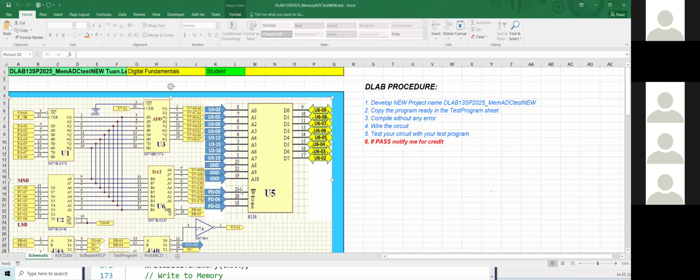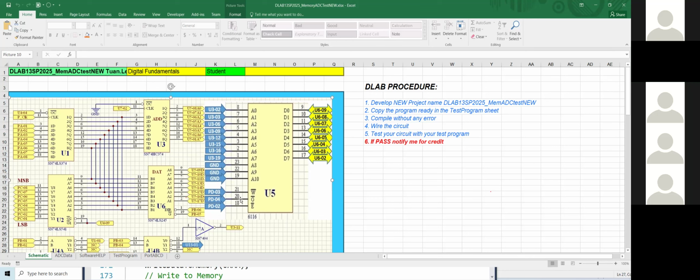You can write data into the memory, then you can read data from the same location. Make sure they're the same. And for U5, when you want to write data, pin 21 must be 0. Correct? Yep.